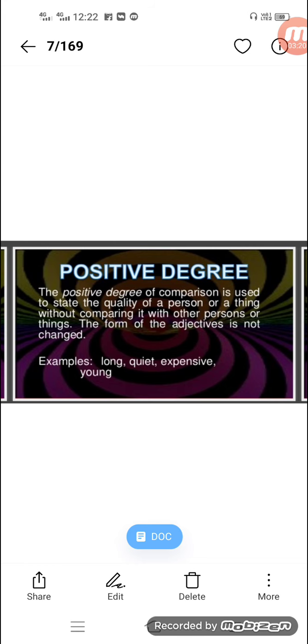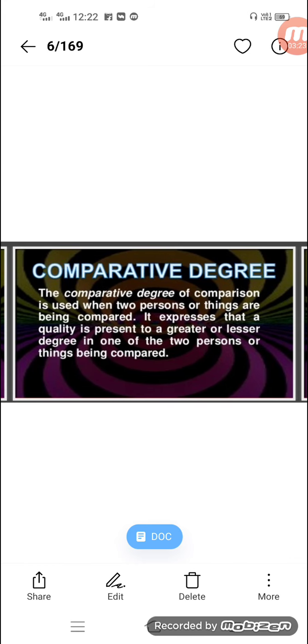Now let us see the second one, comparative degree. The comparative degree is used when two persons or things are being compared. Whenever we want to compare two things or two persons or two objects, we usually use this degree.